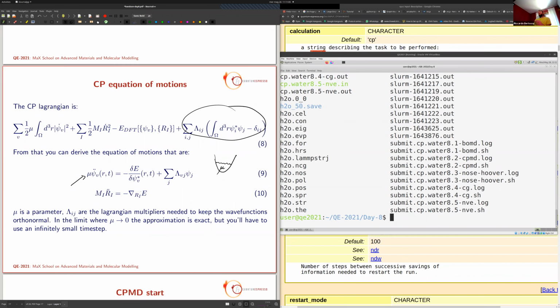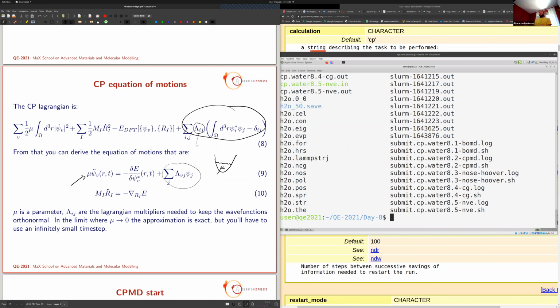There is a standard method in Lagrangian mechanics, to put some Lagrange multipliers that are here only to ensure that the wave functions are orthonormal to each other. These are quantities computed by an iterative algorithm and produce some additional forces on the wave functions that make sure they are orthonormal to each other.